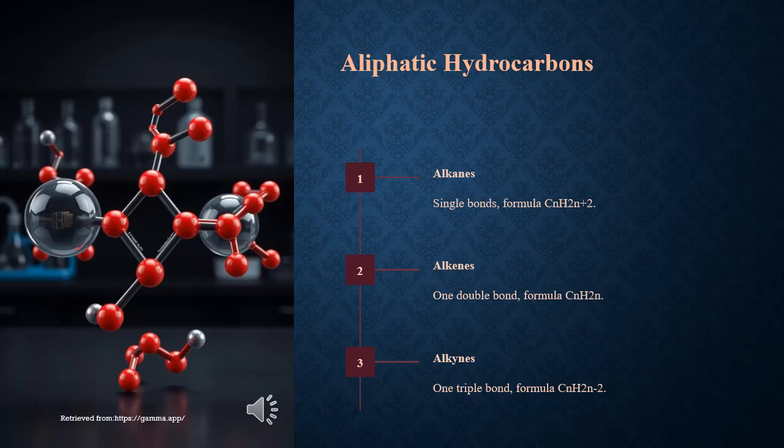Aliphatic hydrocarbons are found in natural gas, petroleum, and serve as the building blocks for many fuels and chemicals.